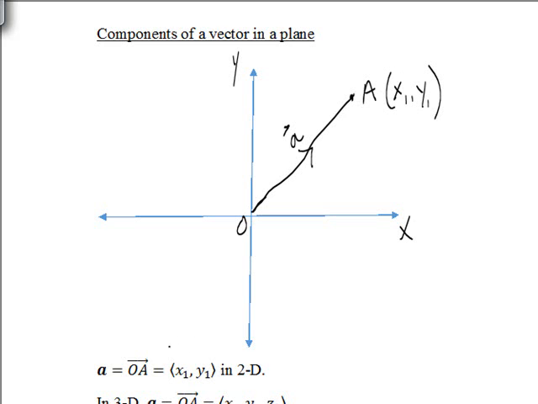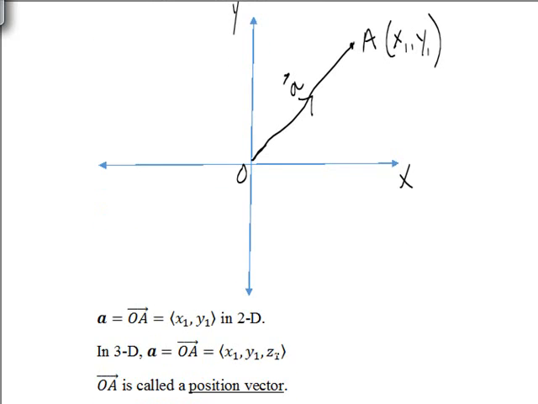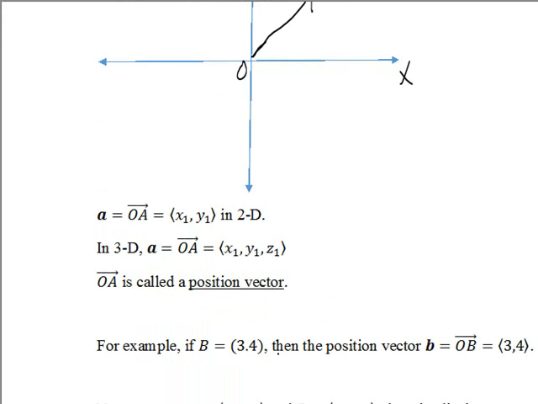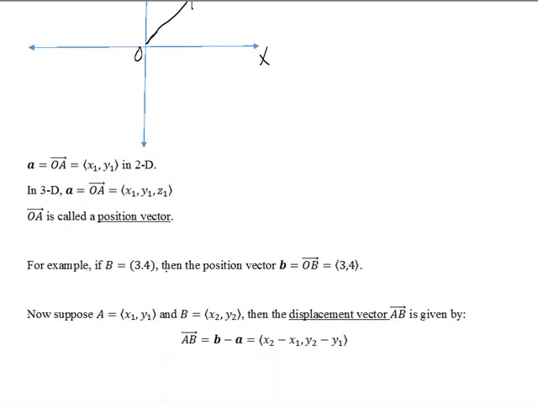The same point, but using angle brackets x1, y1, and that's in 2D. If it was in 3D, then it would be x1, y1, z1. Okay, so these are position vectors. So for example, if B is the point 3, 4, then the position vector B, which is OB, is 3, 4, angle brackets. So that's one type of vector.